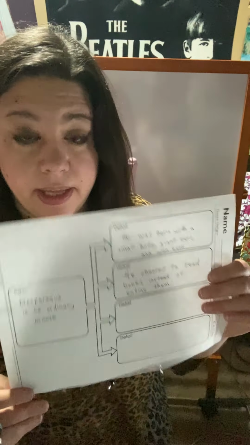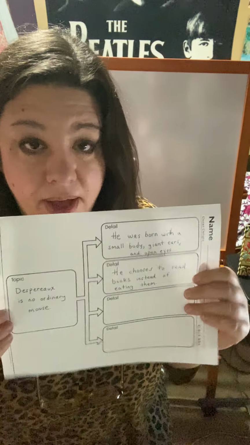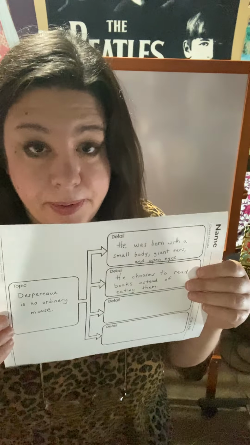He chooses to read books instead of eating them. Do you see how all these details are supporting the topic? This is the topic, that Despereaux is no ordinary mouse, and then these things back it up.